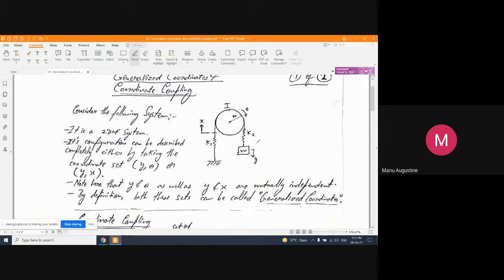So let us say when this system is statically in equilibrium, obviously the K1 spring, is it stretched or not while it is in equilibrium? Yes, there is a static stretch which is called a static displacement delta 1. Is the second spring stretched or not? Yes, it is also stretched by a static displacement delta 2. So already some potential energies are stored inside the springs.